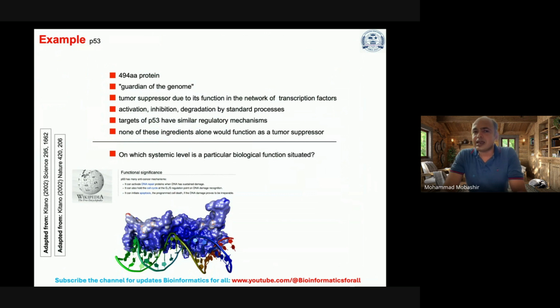None of these ingredients alone would function as a tumor suppressor, so on which systemic level is a particular biological function situated? Here you need to understand why TP53 or P53 is so important, and what the multifaceted role of TP53 is in different kinds of cancers and different human diseases.